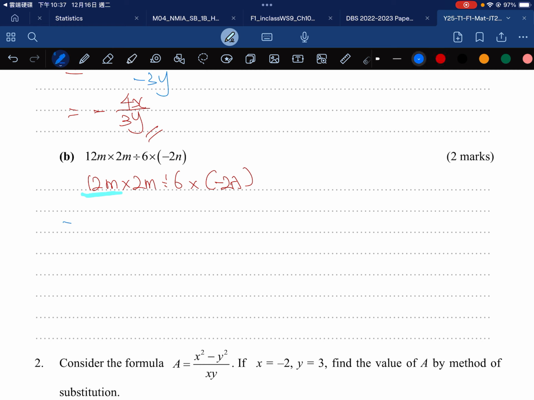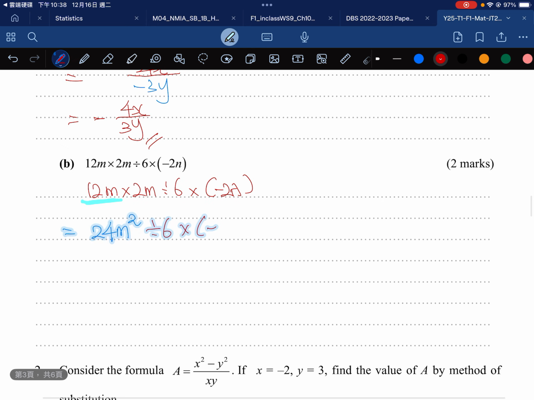So 12 times 2 is 24, and if we have m and 2m multiplied by each other, we have m squared. And then we keep the 6 and keep the minus 2n. Sorry, this is n.